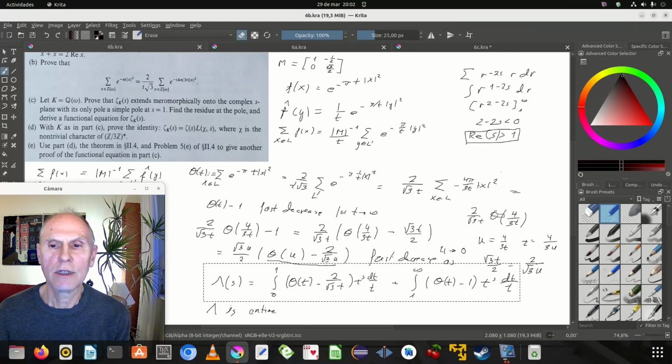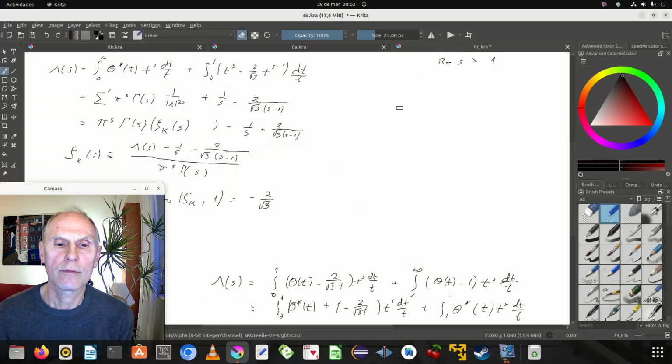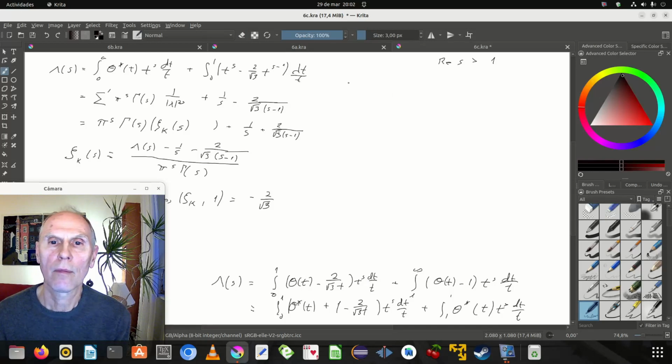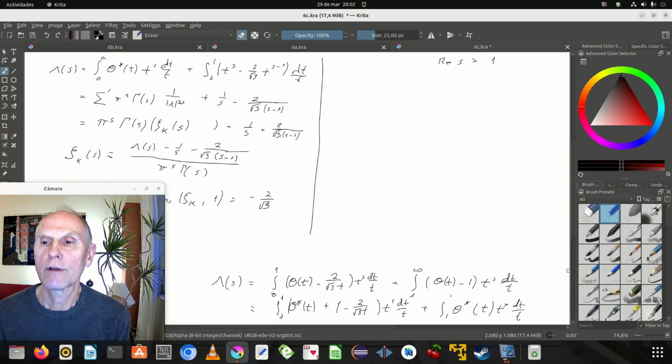Z of t equals this, and then change variable afterwards. So it's, we just forget this.